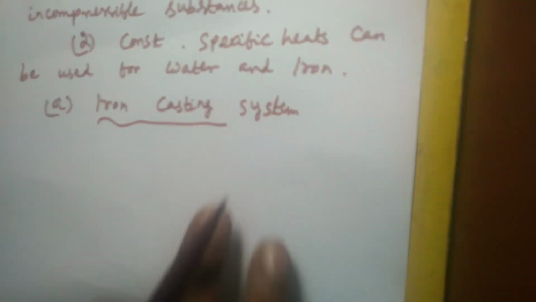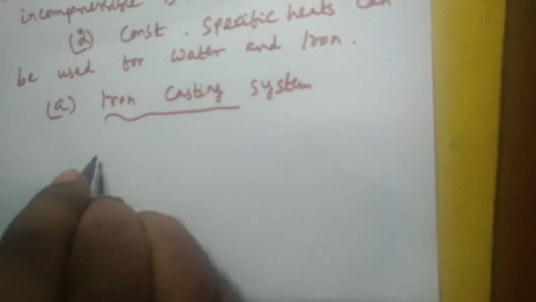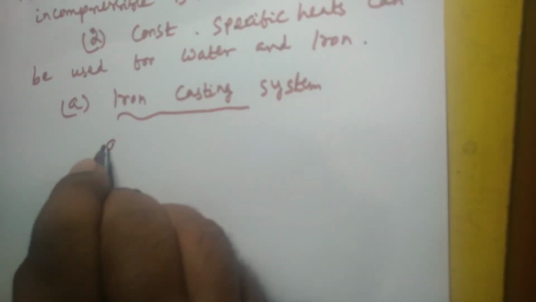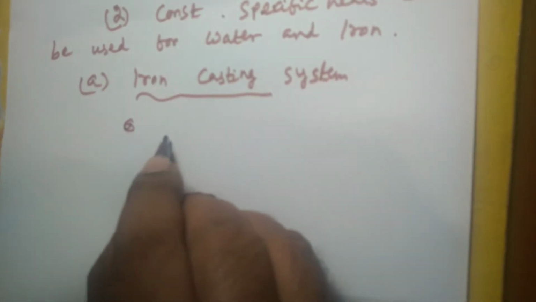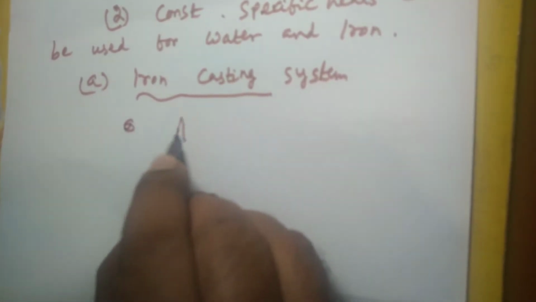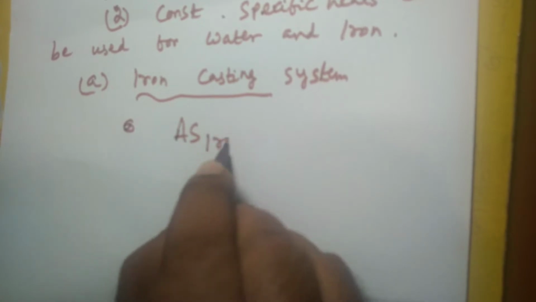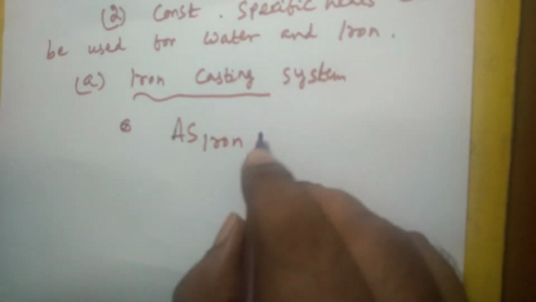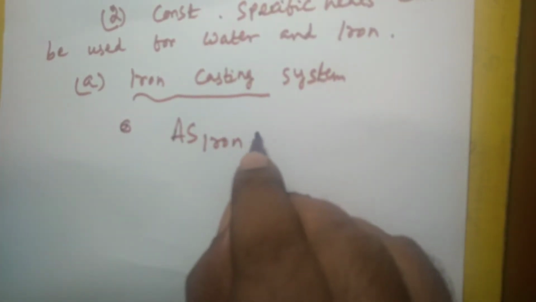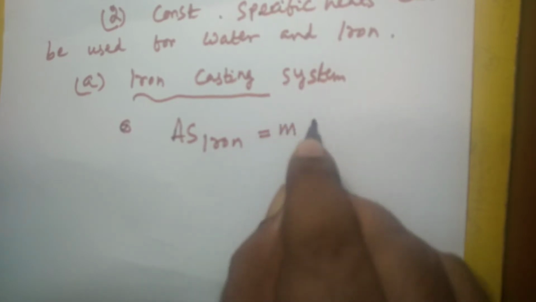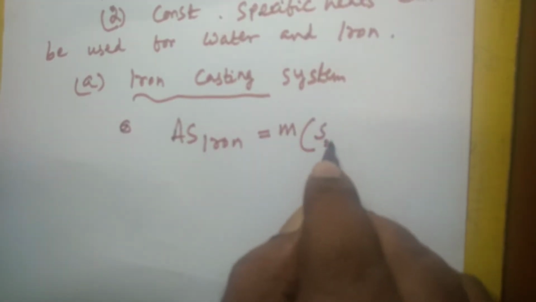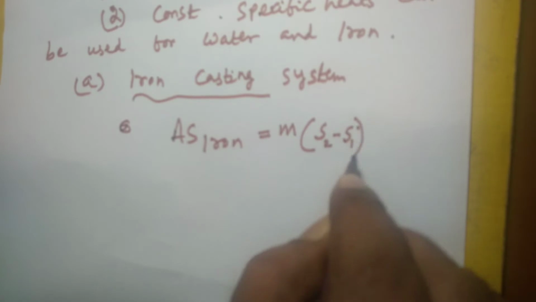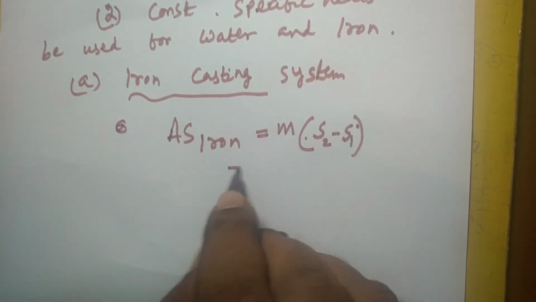So if you want to calculate the change in entropy of iron, in the first bit you are required to find out the change in entropy of iron. This is nothing but m into (s2 minus s1), where this is the change in specific entropy.